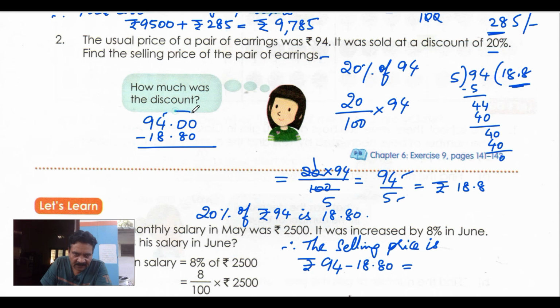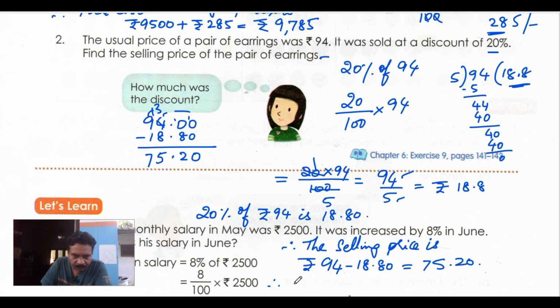So we'll borrow from here, it becomes 10, 10 minus 8, 2. Here you get 3. You take 1, becomes 13, 8, 5, and 8 minus 1 is 7. So 75 rupees 20 paisa.